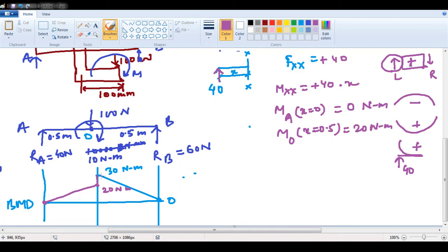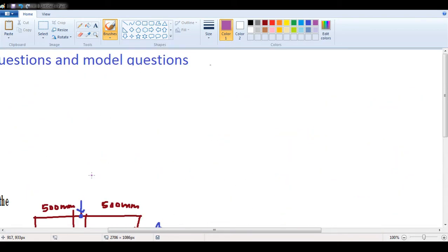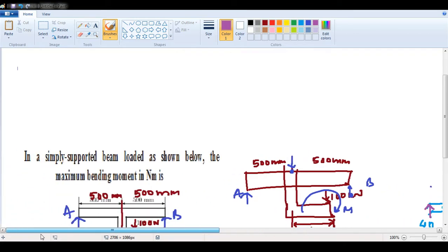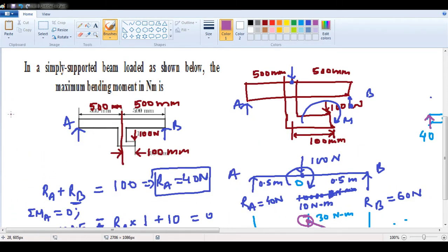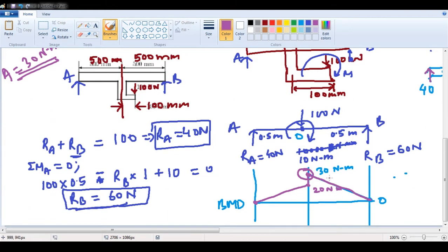So this is the bending moment diagram. So from here it is very clear what the maximum bending moment is, 30 Newton meter. So for this particular question, the answer is 30 Newton meter. How? This is the step. So this is how you can come across the value. Clear? I hope this is clear to all.